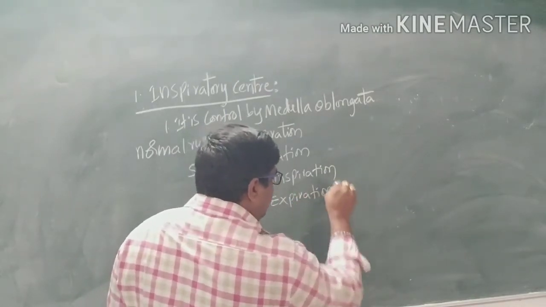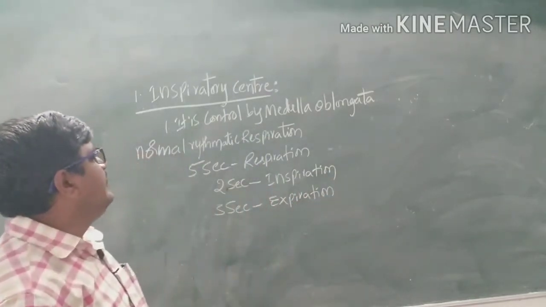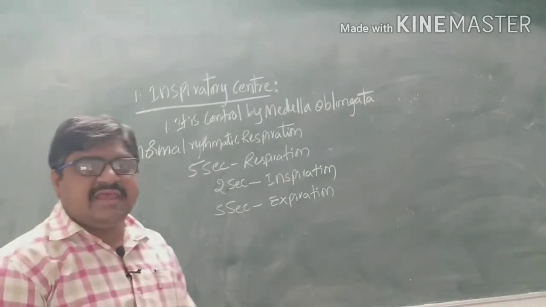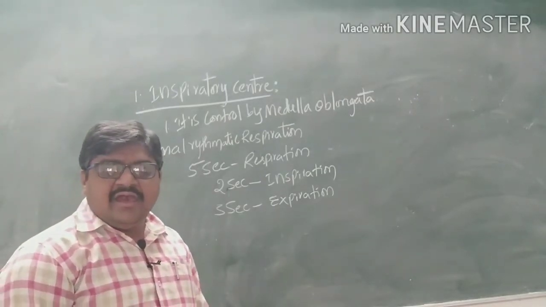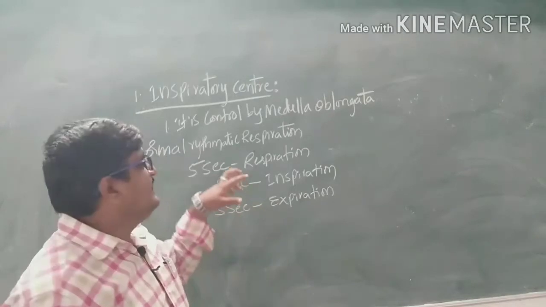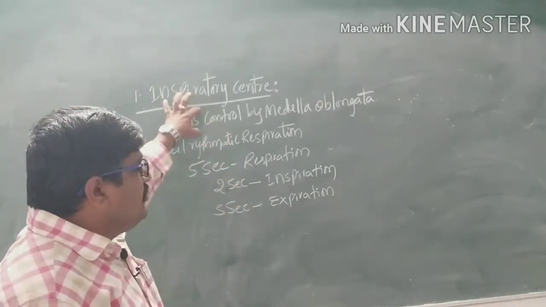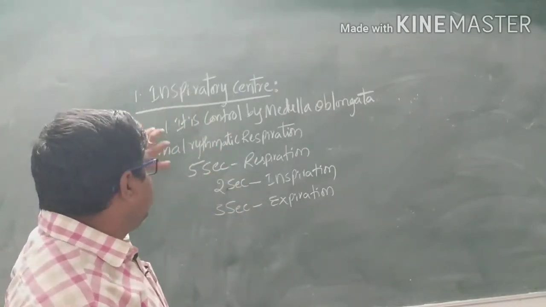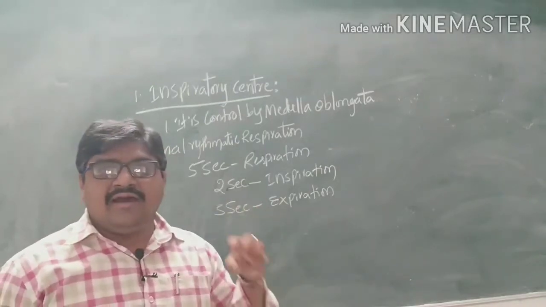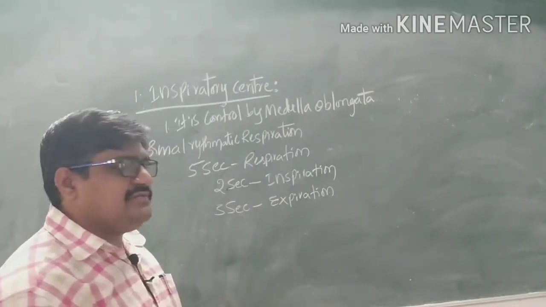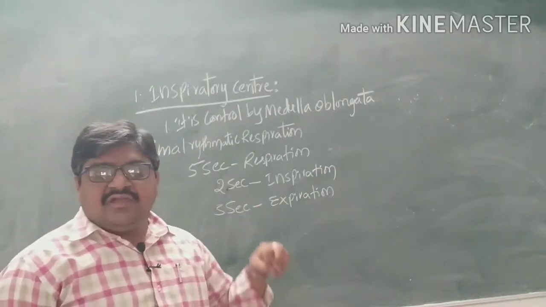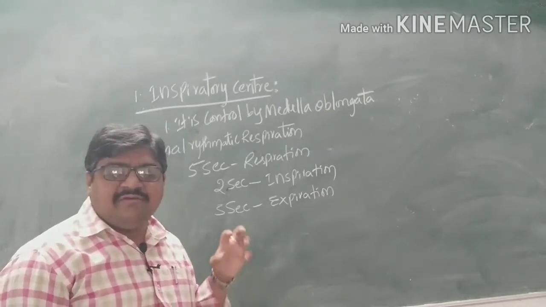So in the inspiratory center, which is controlled by the medulla oblongata, normal rhythmic respiration takes place, and this respiration takes 5 seconds.